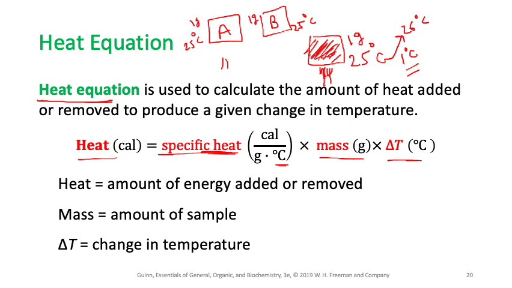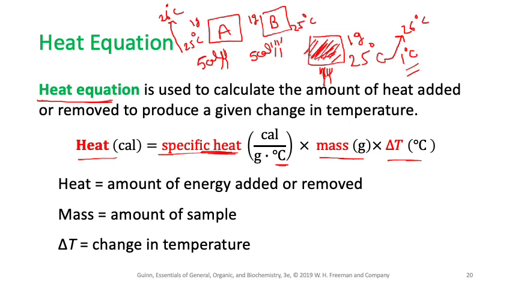If I provide the same amount of energy to heat up both, let's say 5 calorie of energy for both of them, after a couple of minutes the temperature of A changed from 25 to 26 degrees Celsius. It changed by 1 degree Celsius.